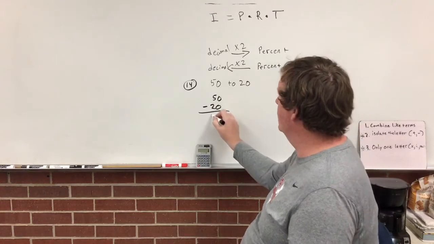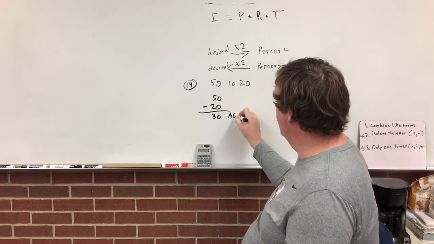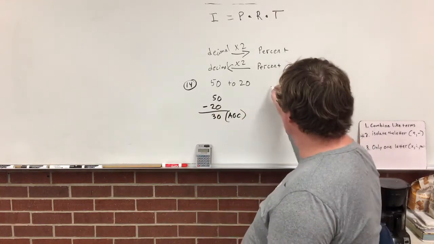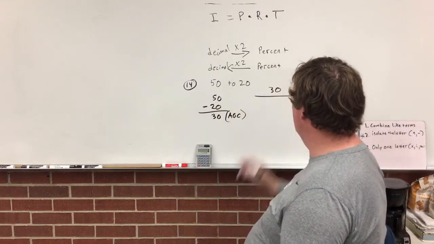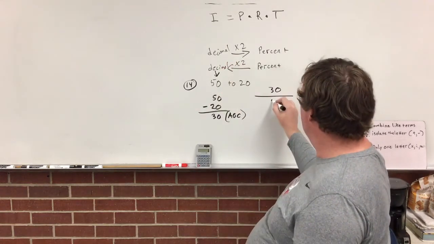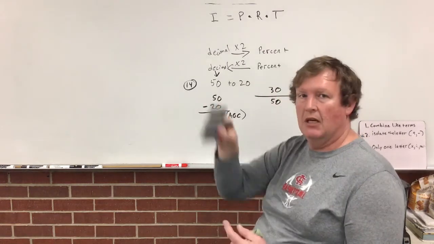50 minus 20 is 30. Okay, this becomes what we call the AOC, or the amount of change. You remember that? So then that amount of change becomes the numerator, the top number, and then whatever the first number is, that's the denominator. 30 divided by 50.